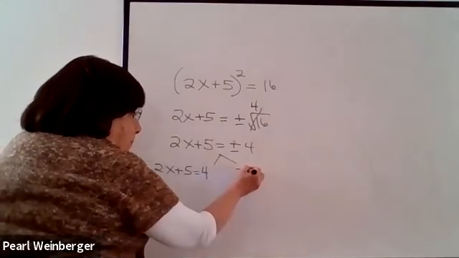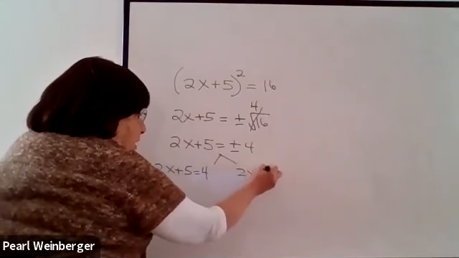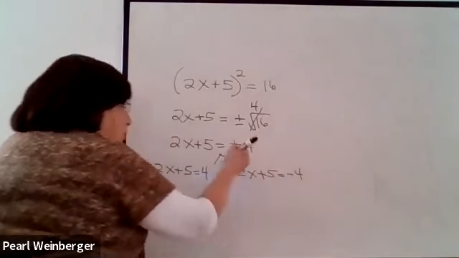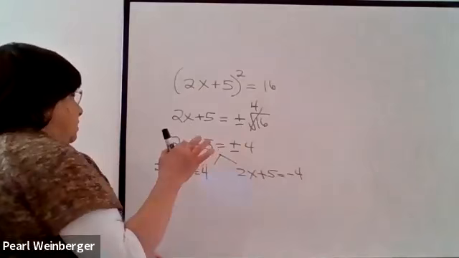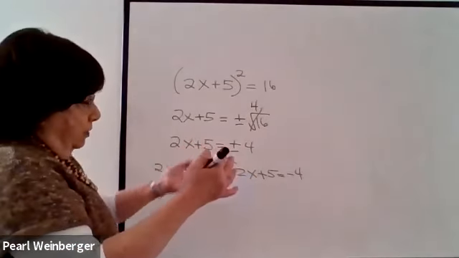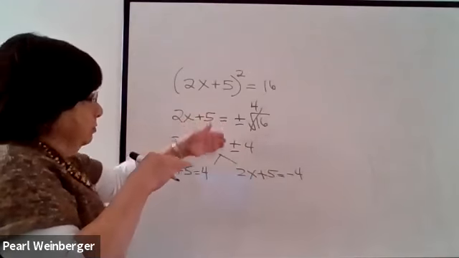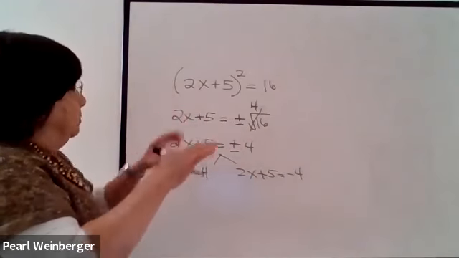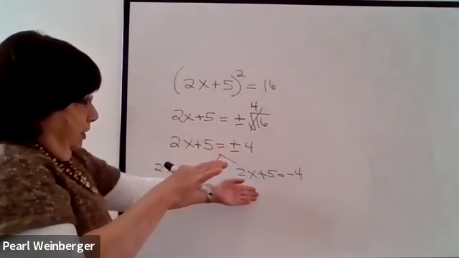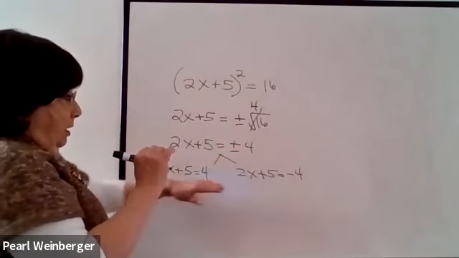And one answer we get by saying that 2x + 5 equals negative 4. Remember, this is just a shorthand, instead of writing the 4 twice. And sometimes they don't use this plus or minus, they just do it separately: 2x + 5 equals 4, 2x + 5 equals negative 4, like we're doing over here.